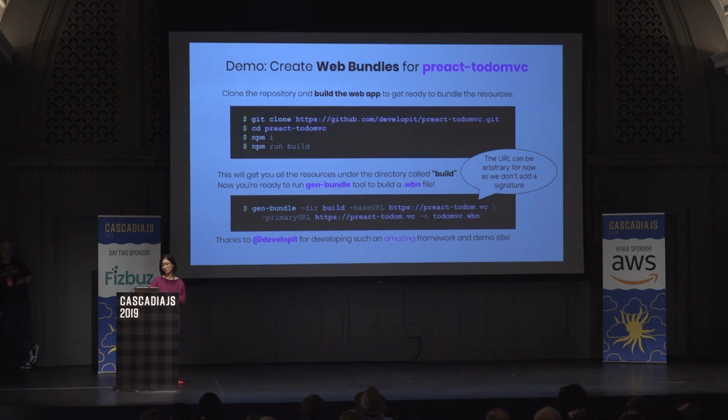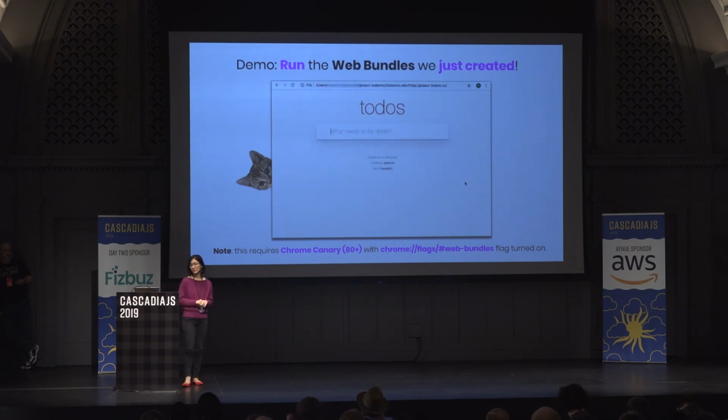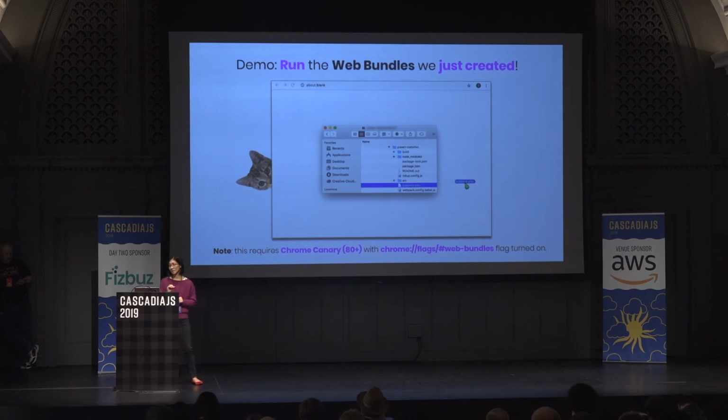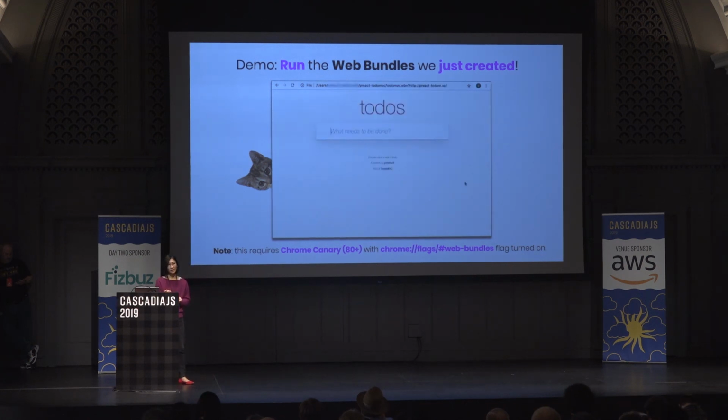Node.js programs should work too. You can bundle everything. Then if you have Chrome Canary and you enable the particular flag, just drag and drop the file into the browser. It should work. It's simple and fast. It works offline too, of course.